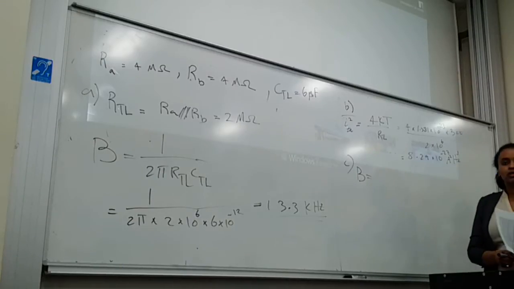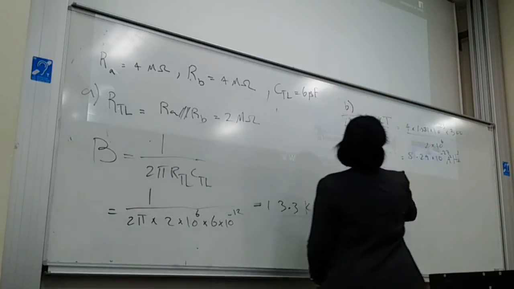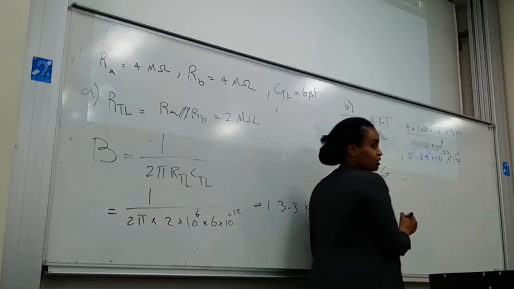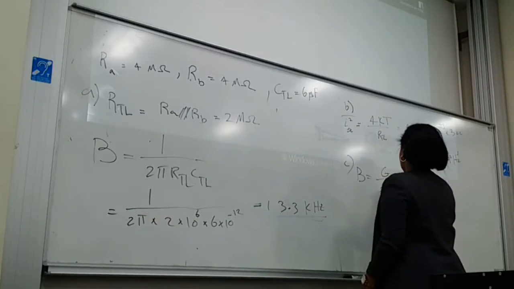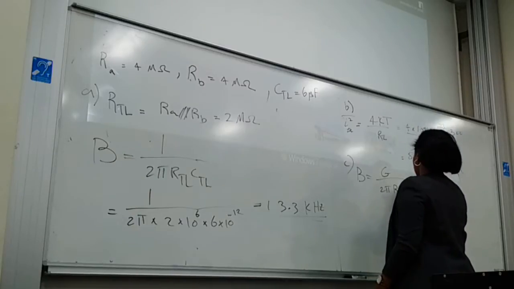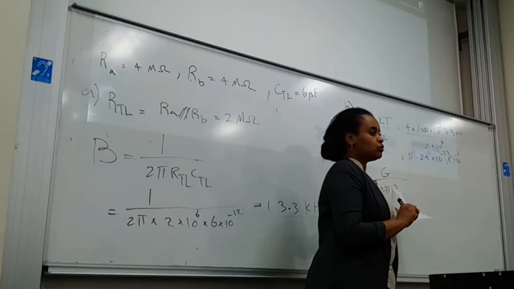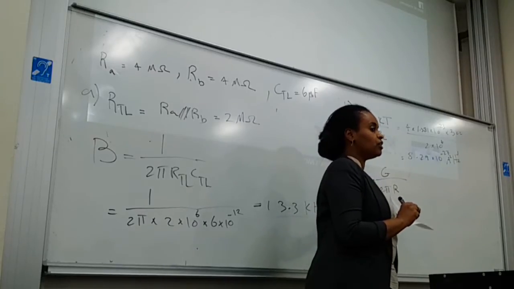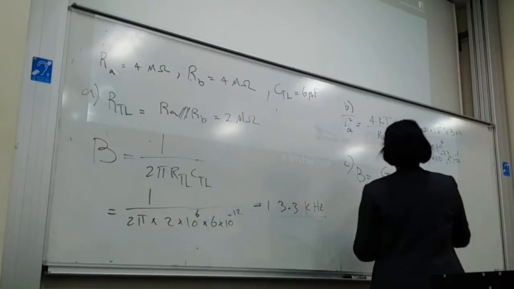We found that the bandwidth of a transimpedance amplifier, and G was the gain of the amplifier, over which arm? We have here the feedback, yes, RF.